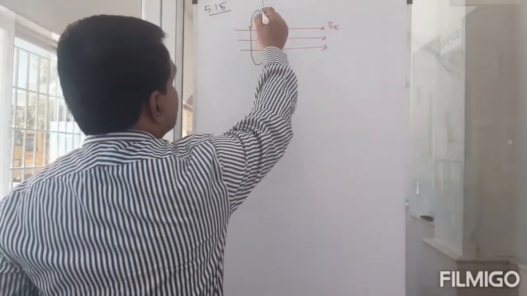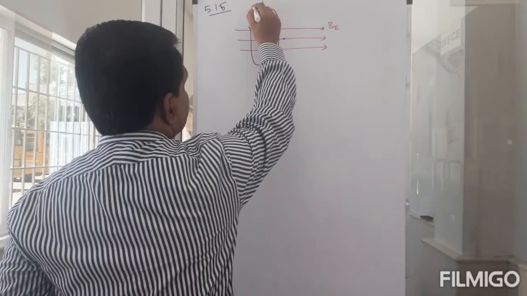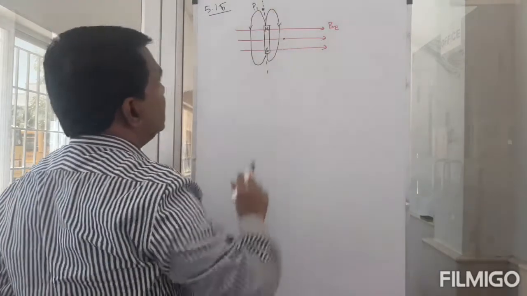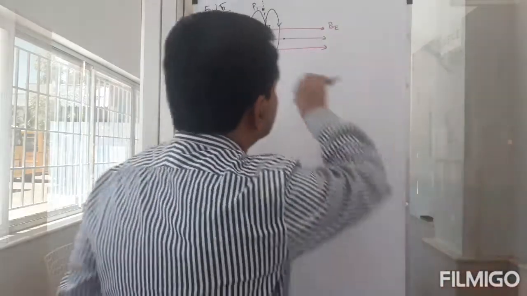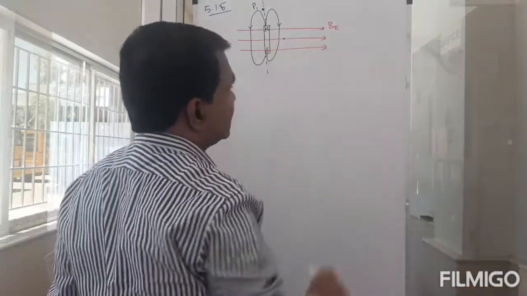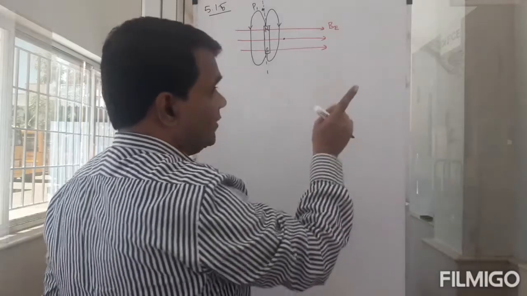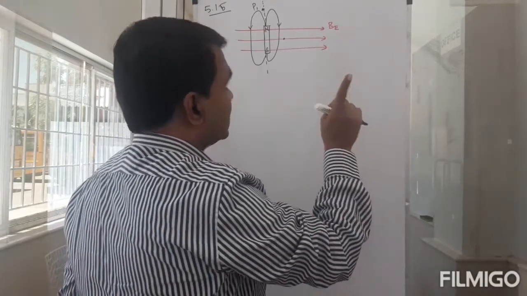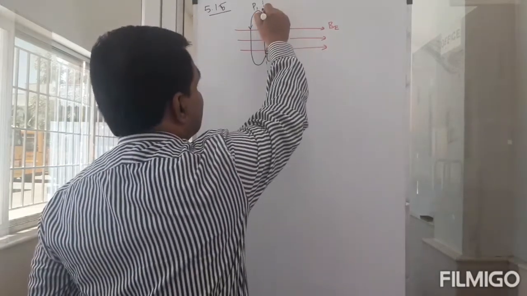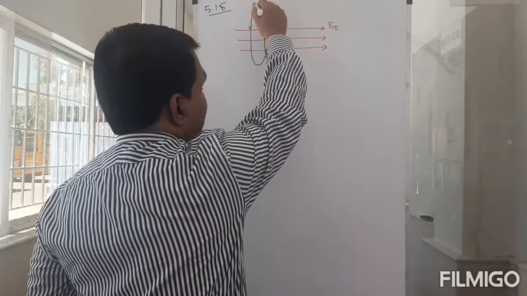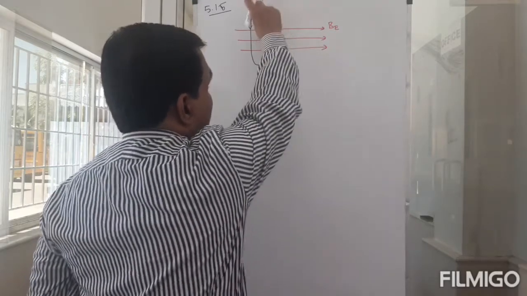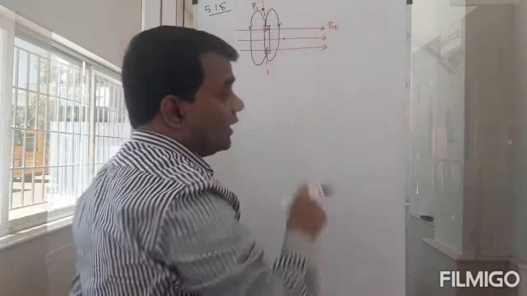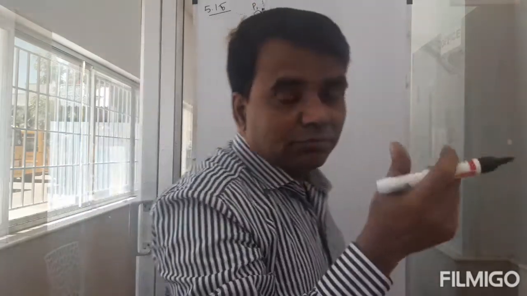So let's say I take this point here. This is point P1. If the resultant field is to be at 45 degrees to the Earth's magnetic field, then you should understand that the field strength here due to this magnet must be the same as the field strength of the Earth's magnetic field. Why?